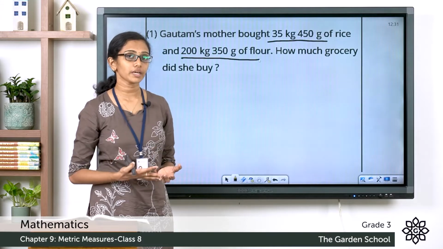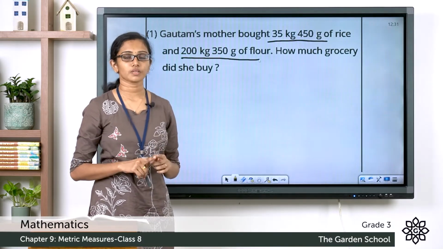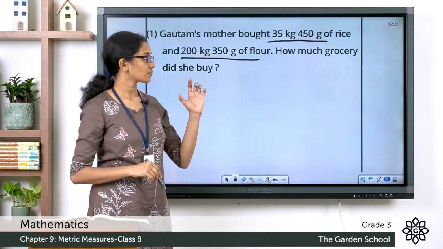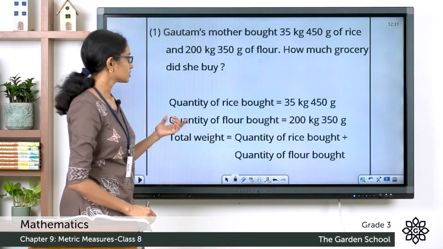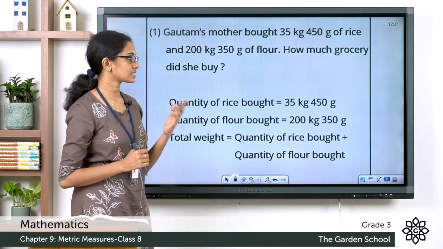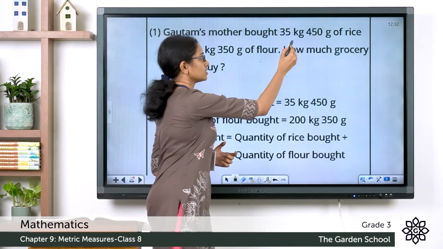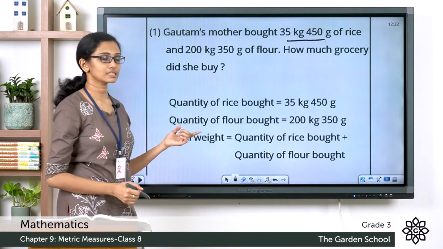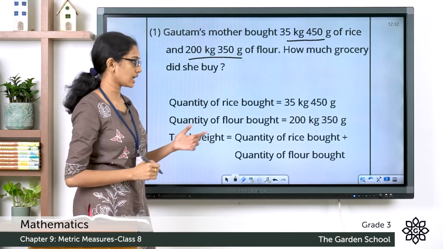So to add weights, what do we do? First, write the given measurements in proper columns of units. Then you have to add them separately. Let's write the steps from the data given in the question. The quantity of rice she bought is equal to 35 kilogram, 450 gram. The quantity of flour bought is equal to 200 kilogram, 350 gram.